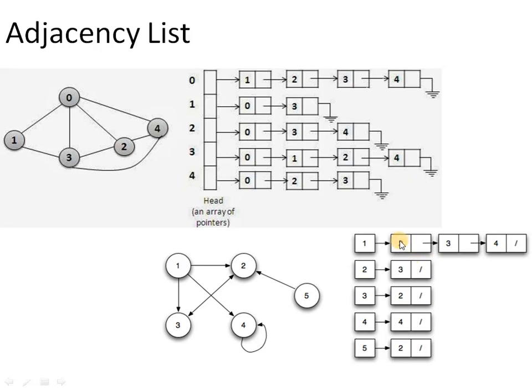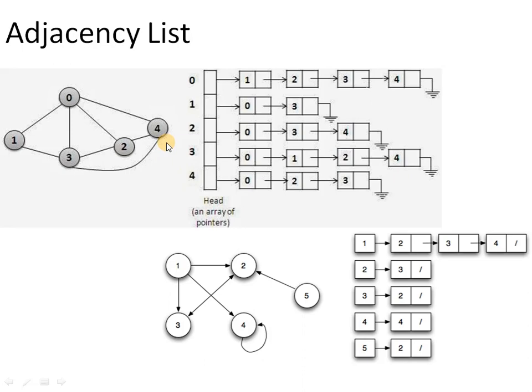Here 2 appears the first time, then we scan the second list, third list, and obtain 2 again, so the count increases by 1. Then we scan the linked list corresponding to vertex 5 and get 2 again, so we increase the count by 1 again. The final value of the count comes out to be 3, and we can verify this from the in degree shown in this graph, that the in degree of 2 is 3.